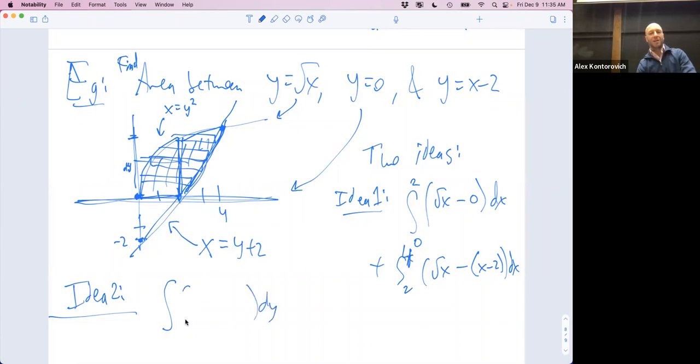Y will range from 0 up to, where do they intersect? 4, 2. Y will range from 0 to 2. What's the upper bound? Y plus 2. What's the lower bound? Y squared.